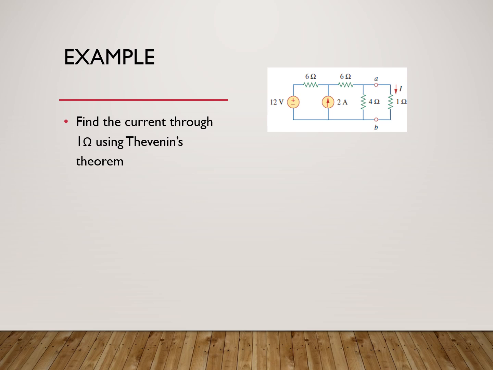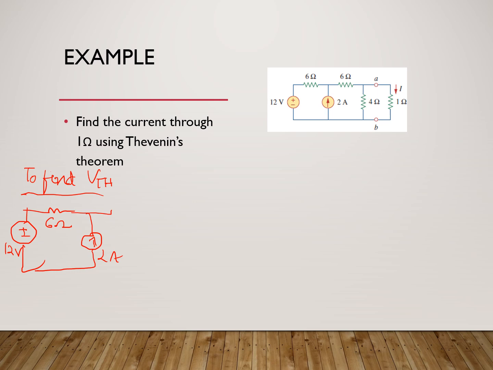Just redraw the circuit. To find VTH, I'm going to be redrawing the circuit, which is the 12 volt in series with the 6 ohm resistance. Then I have the 2 ampere current.